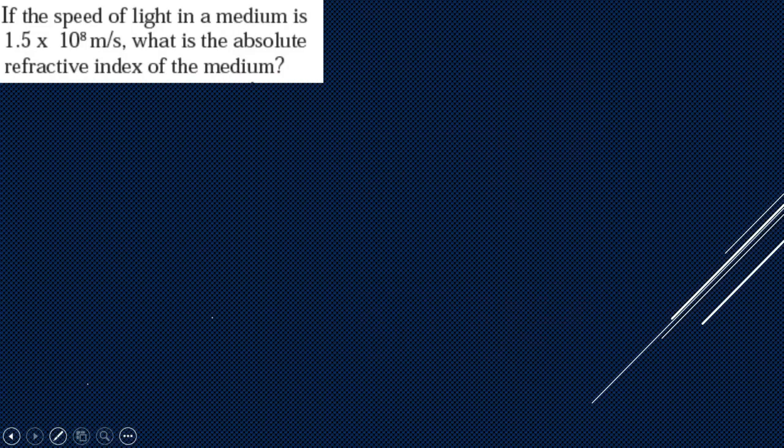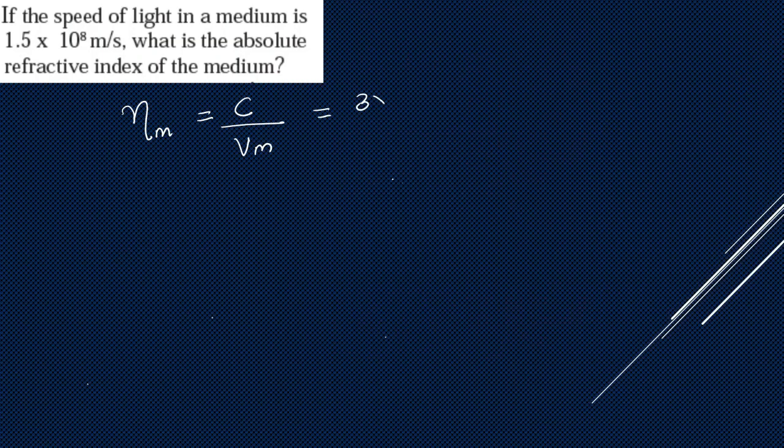The third one says, if the speed of light in a medium is 1.5 into 10 to the power 8, what is the absolute refractive index of the medium? It's again the same. The absolute refractive index of a medium is, we know, velocity of light in vacuum upon velocity of light in that particular medium.